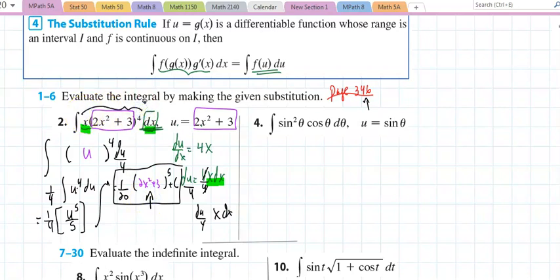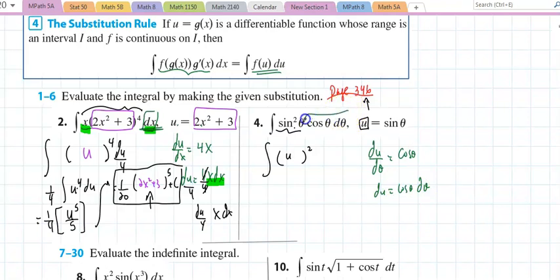So this is what you take a derivative of to get that mess. And if I look at number 4, you notice also this is the power function. You let u equal the inside of a power function. There it is. Now this is the integral of, instead of the sine, we're going to use a u. And if I take a derivative of that, du d theta in this case is the cosine of theta. And if I cross multiply, du will be the cosine of theta d theta.